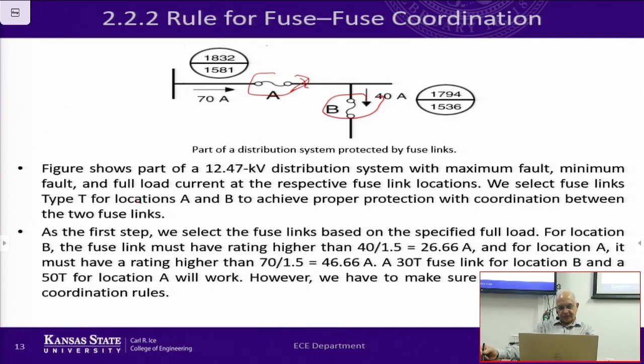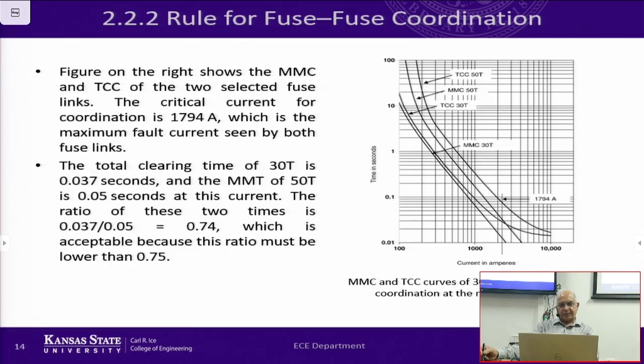So we draw the characteristics of both the fuses, and the top one is the 50T fuse, this is the total clearing, this is the minimum melt time of the 50 amp fuse, and for the 30T is right here.